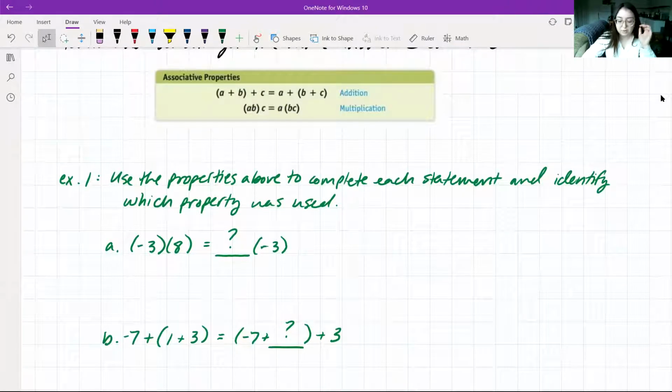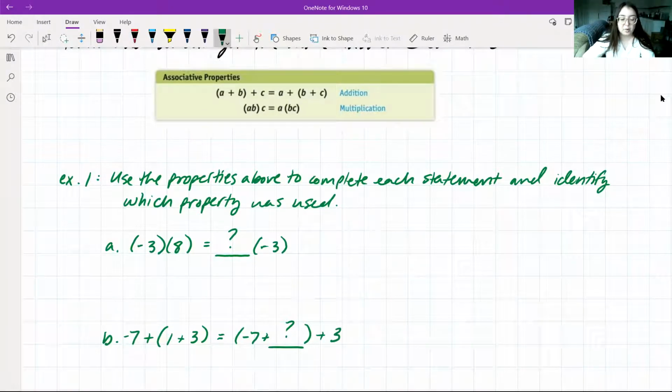So example 1, we want to use the properties above to complete each statement and identify which property we used. So in part A, if we have -3 times 8, we have parentheses around each number here, so we know it's not going to be the associative property because we don't have parentheses around multiple numbers, is equal to blank times -3.